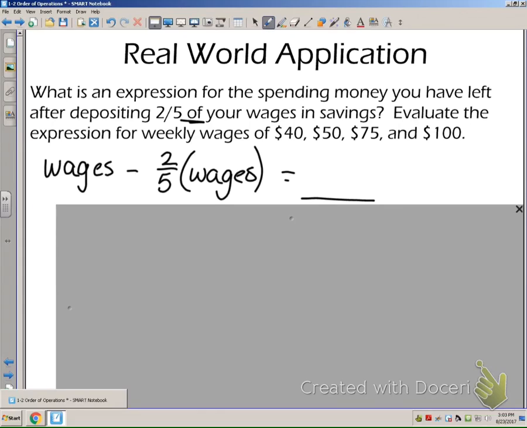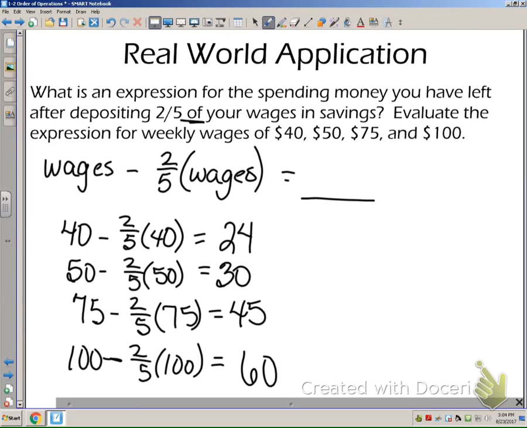I went ahead and computed this for all of those, and that gives me how much money I have left for spending after I've deposited 2/5 of my wage. If I made $40 and I deposited 2/5 of that, that means I deposited $16. Then I take the 40 and subtract 16 and I get 24. And that's what we did for all of those. And that's how I came up with those numbers.